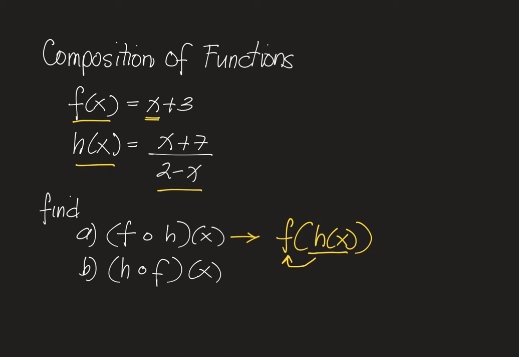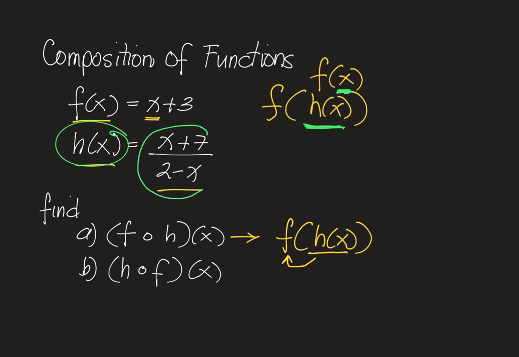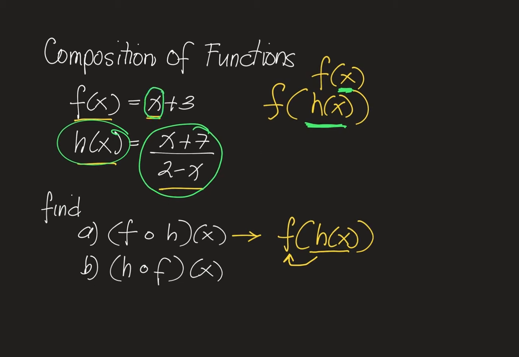If you look at it this way, f of h of x coming from f of x, you can see that this h of x here is replacing that x. So when you place the h of x, this x plus 7 over 2 minus x, in the f, what you're trying to do is replace that x. So let us do that in this problem.